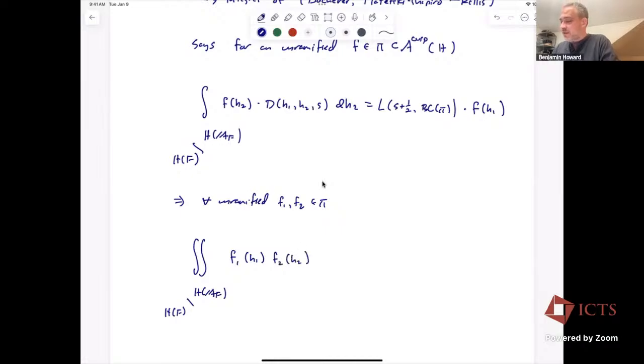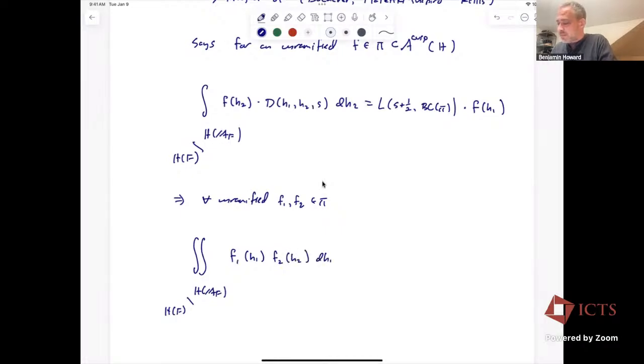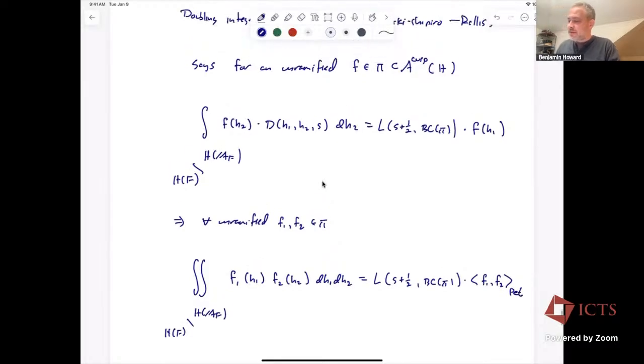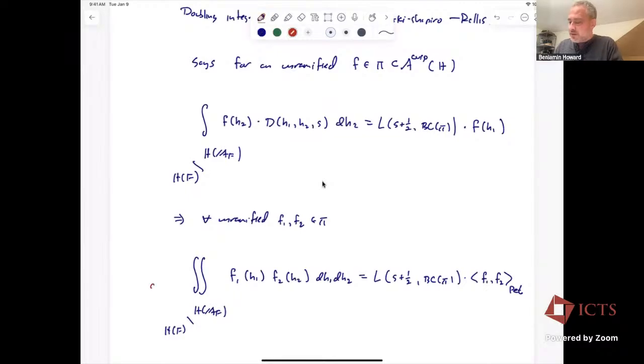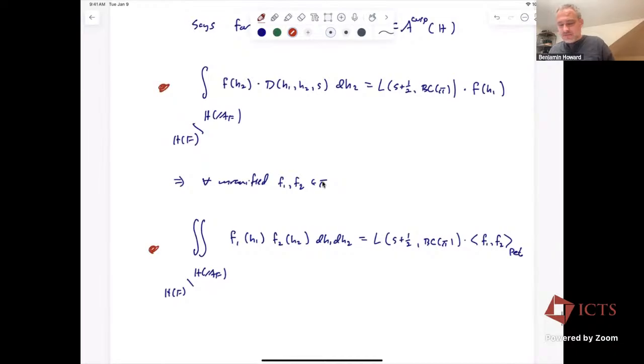It follows immediately from the previous formula that this is the same L function times the integral of f1 and f2 against each other, which is the Petersson inner product, the bilinear Petersson inner product. Okay, so here's two forms of the doubling integral, a strong form and a slightly weaker form.